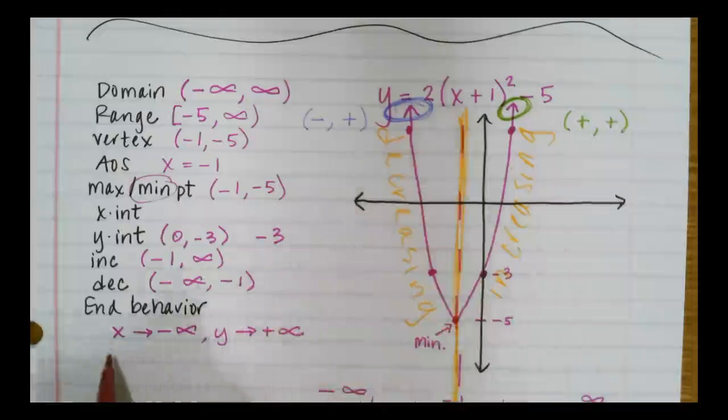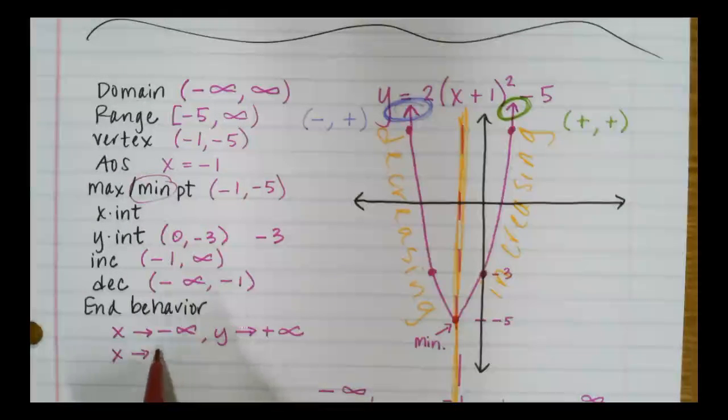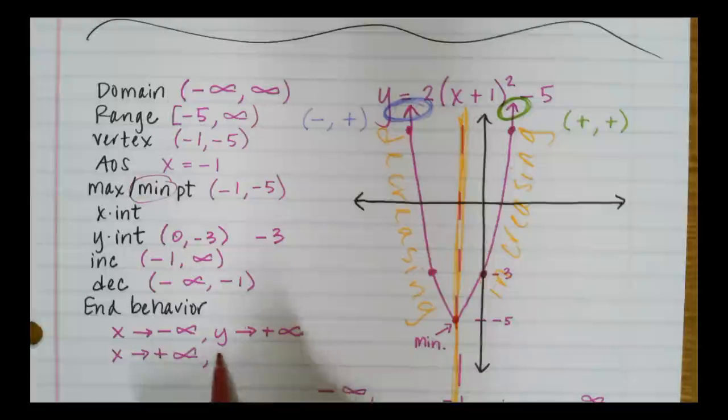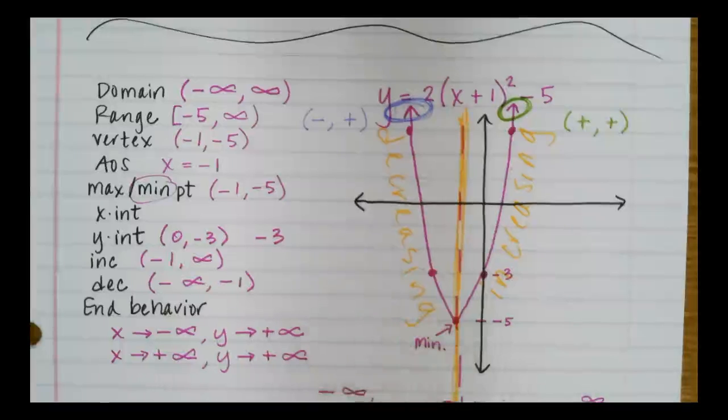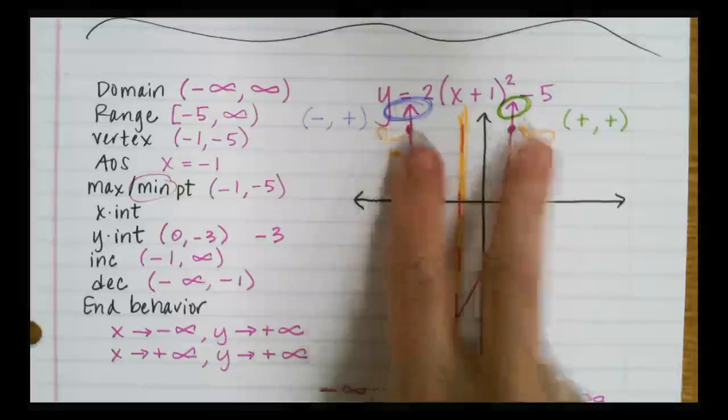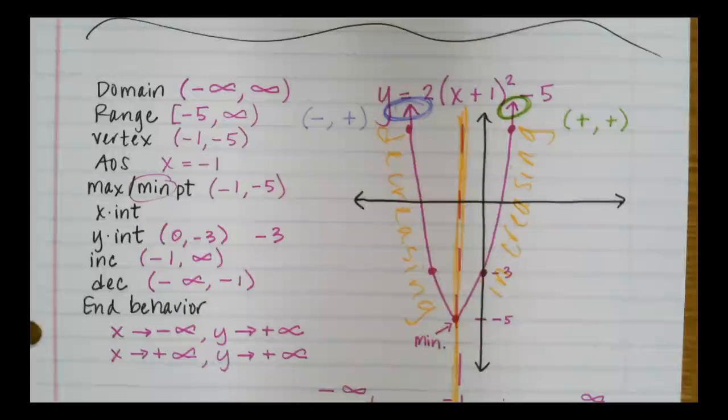This end says that x is going to be more and more positive, and y is going to be more and more positive. Now, it makes sense that the y's are both going to positive infinity because this parabola, the arrows are going up forever. All right, so now let's go back to do the x-intercept.